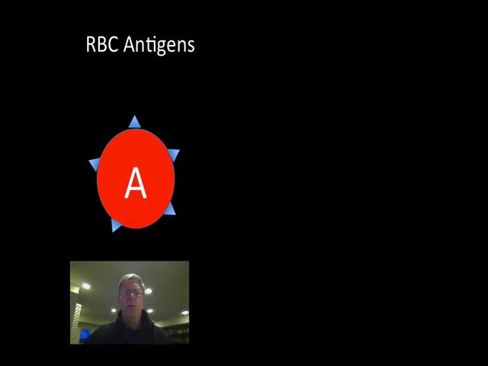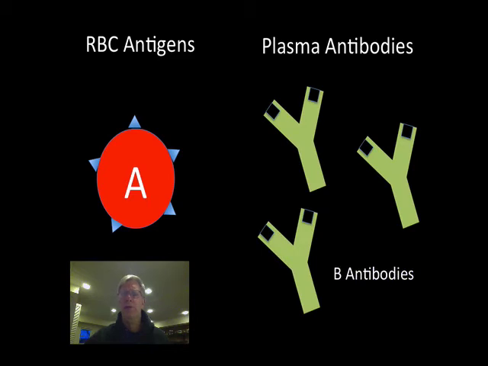Okay, so we've seen that there are antigens on the surface of red blood cells that determine our blood type. Blood type A has the A antigen on the cell membranes of their red blood cells. Not only do they have antigens, but they also have antibodies.